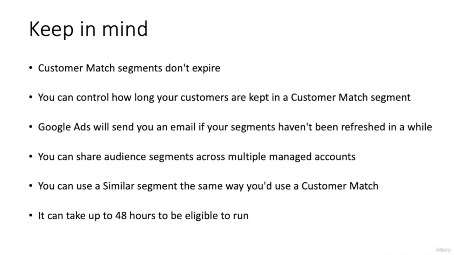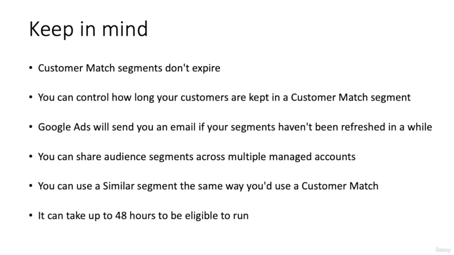So ideally, if you've got enough data running through your system, you want to be updating it maybe once a month if possible, once a quarter, depending on what you see as most appropriate. Google Ads will actually send you an email reminder if your segments haven't been refreshed in a while, so that should keep you on track.